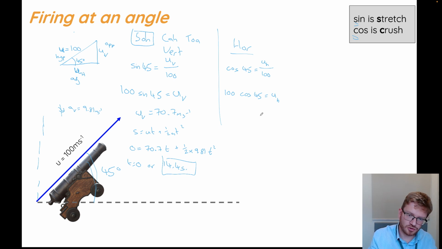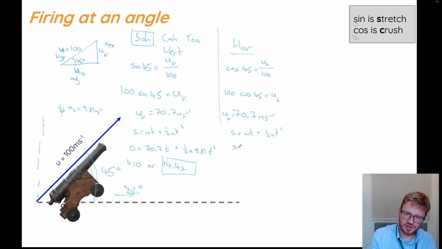Then if I come over to the horizontal component, well, again, plug this into the calculations. I get exactly the same answer, actually. It's 70.7 meters per second. That's u in the horizontal component. So plug it into my equation, s is equal to ut plus a half at squared. a in the horizontal is 0.